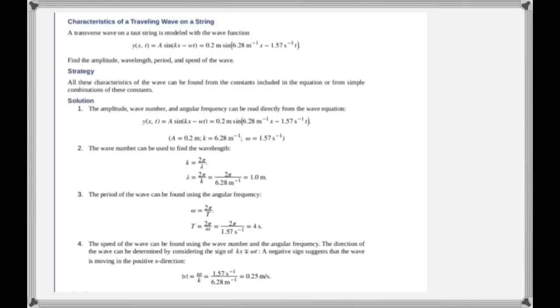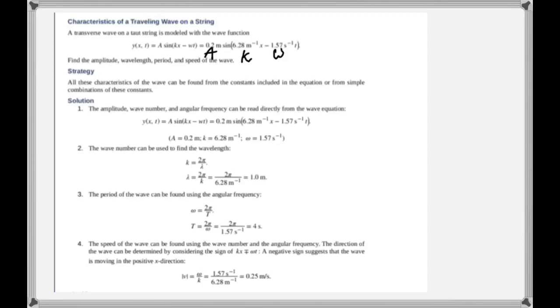And here I've tried to work out a problem where the equation of a progressive wave is given, and it's given as 0.2 meter sine(6.28 meter raised to minus 1 x minus 1.57 second raised to minus 1 t), and you can see that it compares with the wave equation where that's k, this is omega, and of course that's the amplitude.